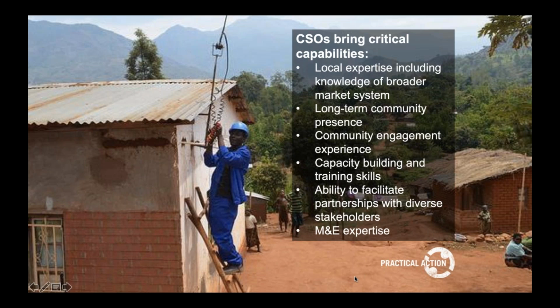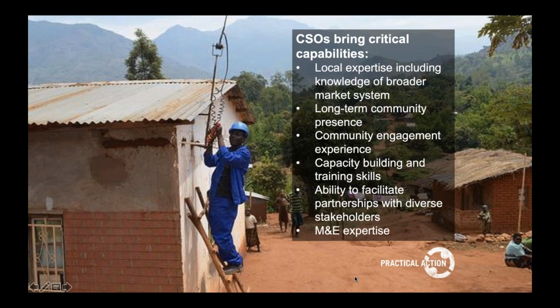Thirdly, CSOs can leverage their community engagement and mobilization experience to raise awareness in the community of what the opportunities are for productive use activities. They can support entrepreneurs to manage productive use businesses and help ensure that communities are bought in to productive use activities. CSOs have experience with capacity building and training to support entrepreneurs in managing sustainable productive use businesses. They also have experience with facilitating and managing partnerships with diverse stakeholders.